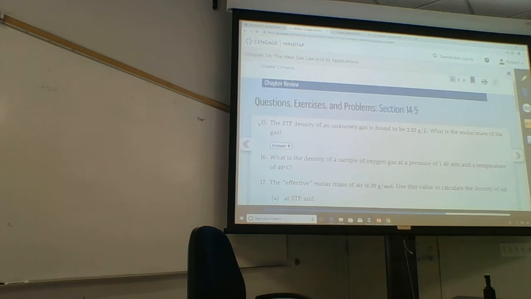The next application we're going to look at is the density of a gas. The density of the gas is equal to the mass over volume.